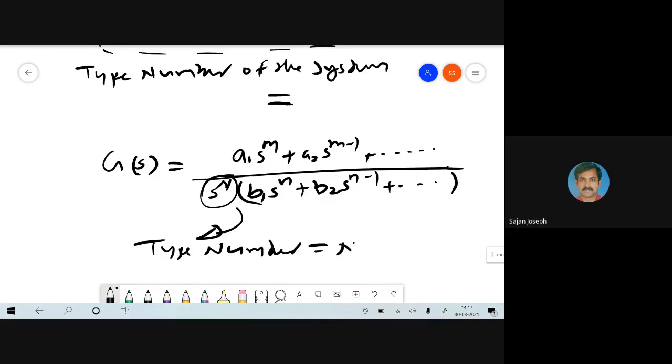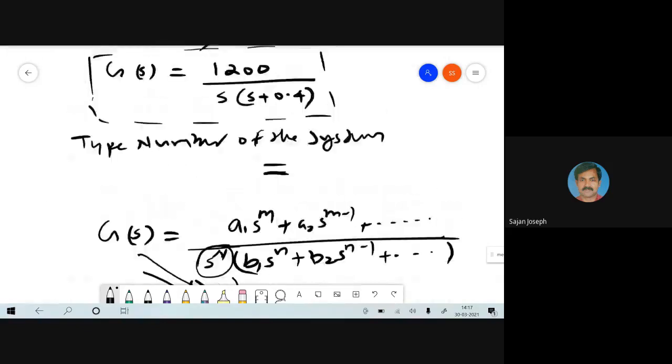Okay, so then what is the type of the system?